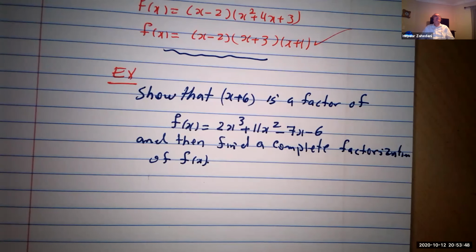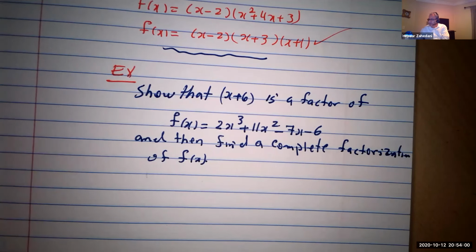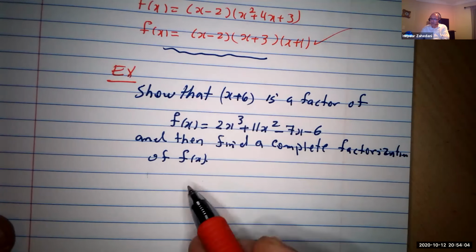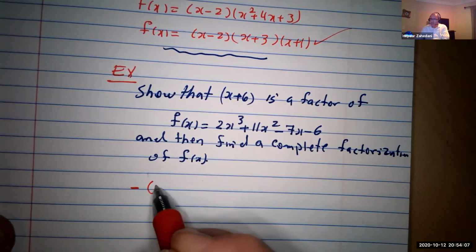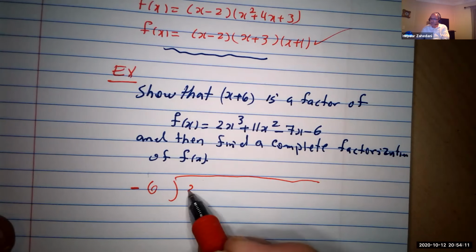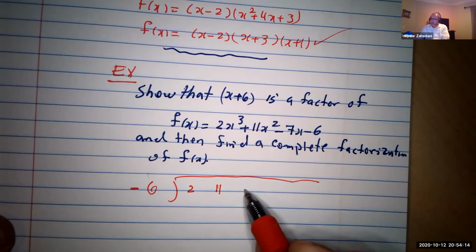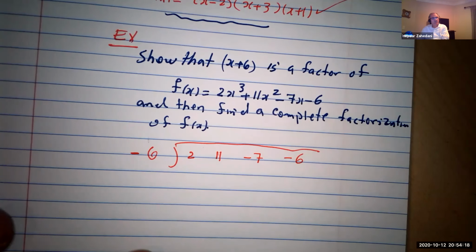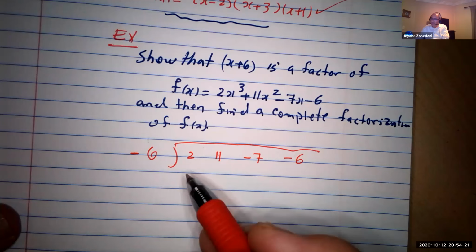Again, for this one, you have to use the synthetic method. So we go with the -6 first to get those numbers. Okay, so this is it. -6 into, how many do we have? We have a 2, 11, -7, and -6. We bring the 2 down.